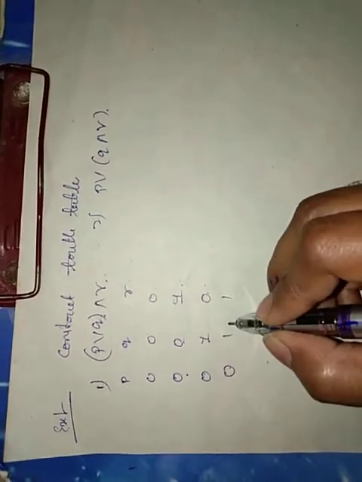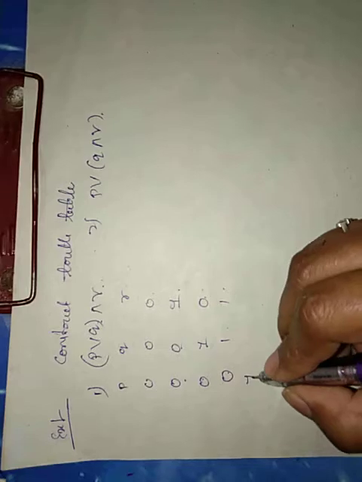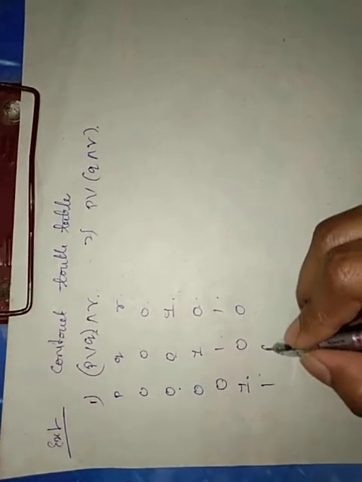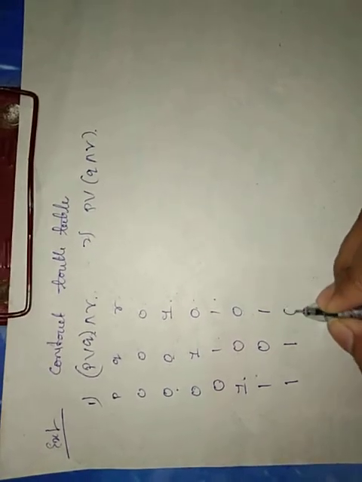P is true, Q and R false. P is true, Q is false, R is true. P is true, Q is true, R is false. P, Q, R all true. So these are the total possible truth values.